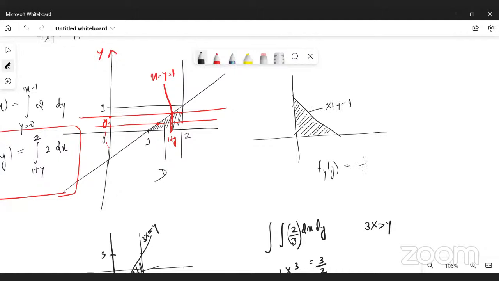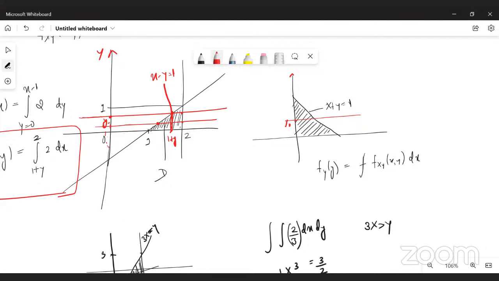So you will integrate fxy xy dx. You want to vary x, so you will fix your y. Let's say I'm fixing this y, that is, y naught. I'm drawing a horizontal line. And how is your x varying?